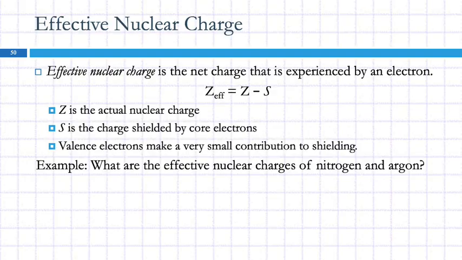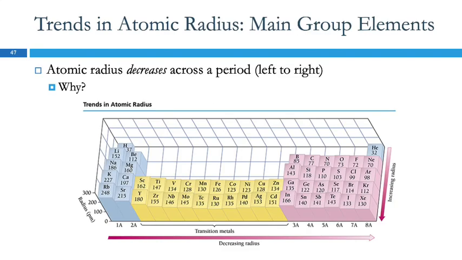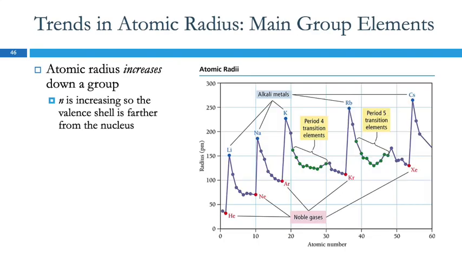So let's go back to this graph for a minute. Looking from lithium to neon, where we're going across the period, we see that it's getting smaller. From sodium to argon, getting smaller. Here in the green, those are the transition elements in period 4.